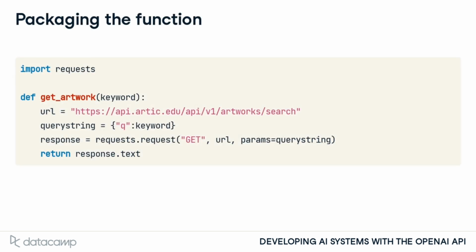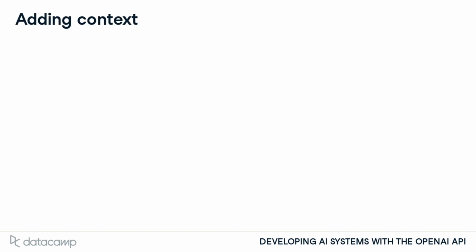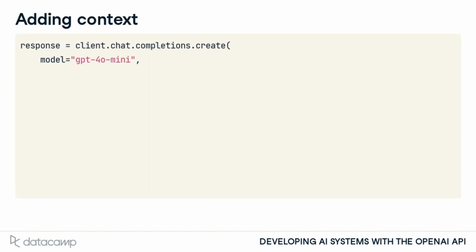Using the Art Institute API with the OpenAI API, we could provide suggestions on artwork to see at the museum based on a user input. The first thing to do is to package the API call as a function that we're going to call getArtwork, that returns the recommended artwork based on an input keyword. We then move to setting up the chat completions request.